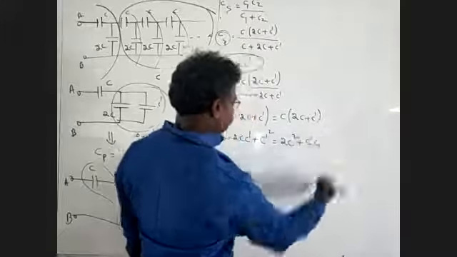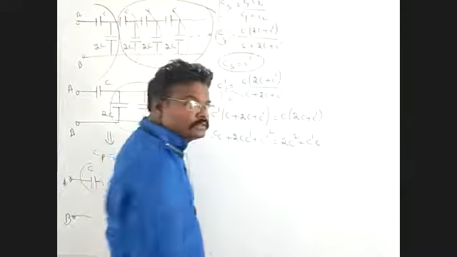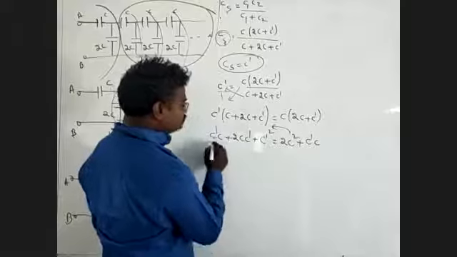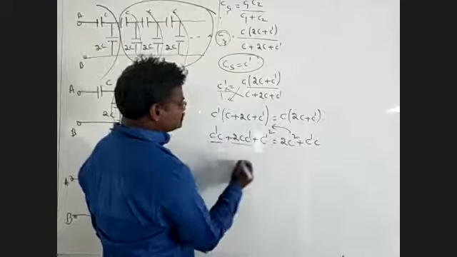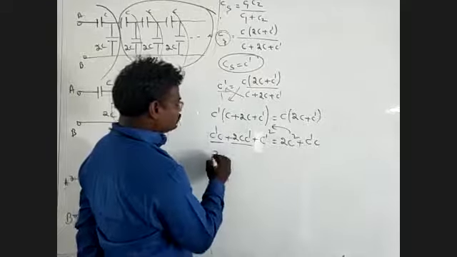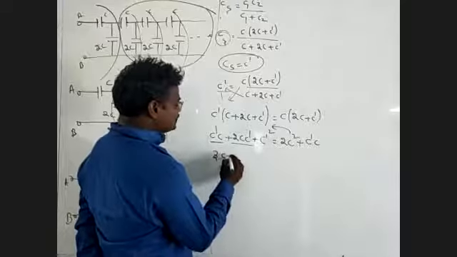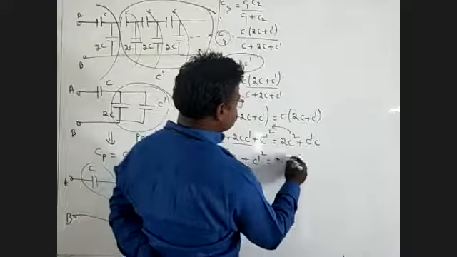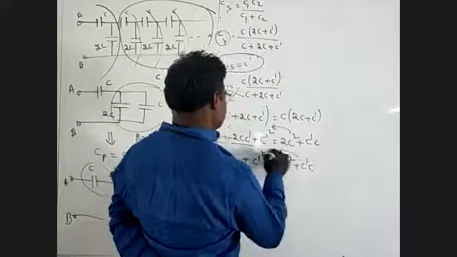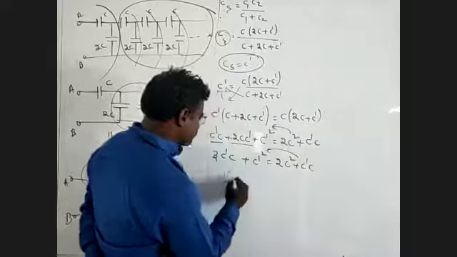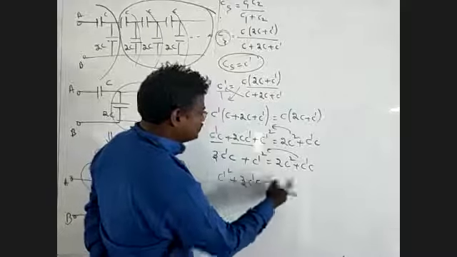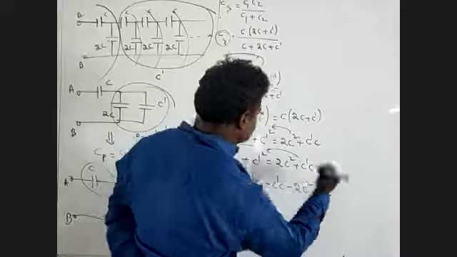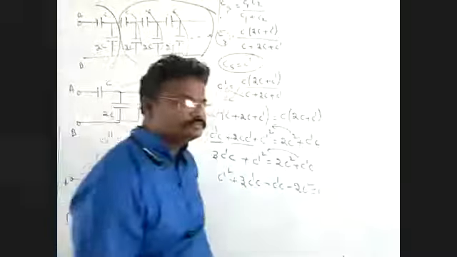C dash C plus 2C dash C makes 3C dash C. So C dash square plus 3C dash C minus C dash C minus 2C square is equal to 0.